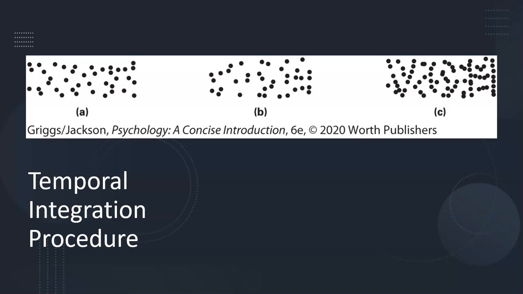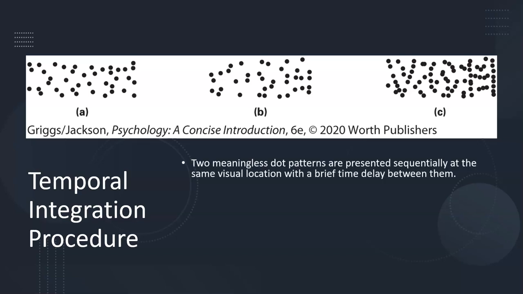Another procedure for understanding iconic memory is the temporal integration procedure. And here you've got, and this image comes from your textbook, a couple of meaningless dot patterns, which are A and B on this particular image, and they're shown sequentially, one after the other, in the same visual location.